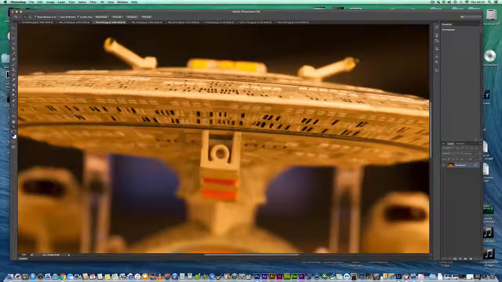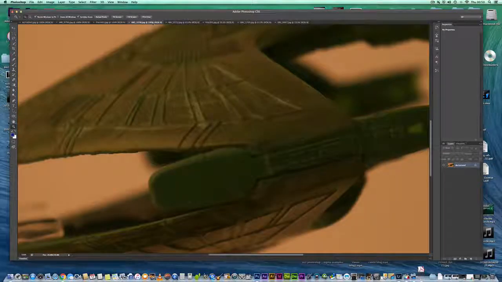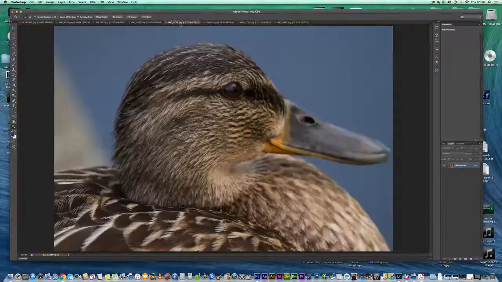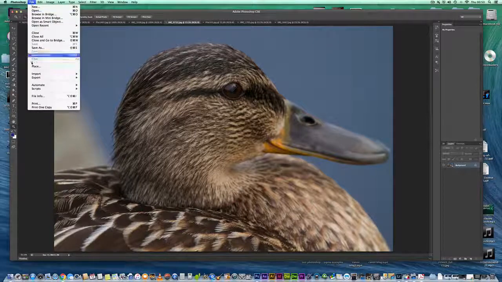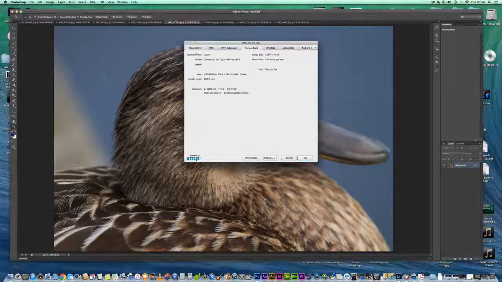Clearly, the higher the resolution of your camera, the more you can actually crop. So that's the Sigma lens, that's the Canon lens. Okay, the next picture is on the Sigma. 600mm, ISO 1600, the 7D, 6.3 aperture.